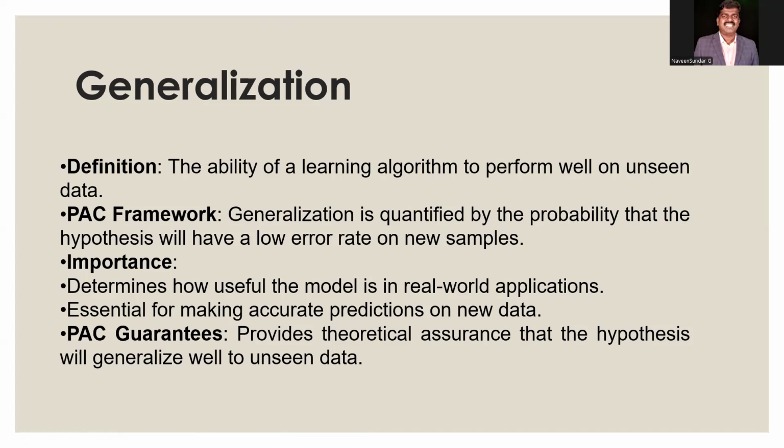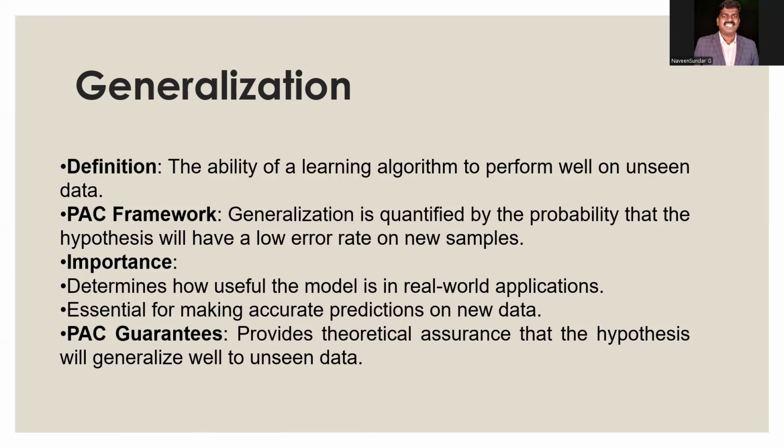The PAC framework is mainly quantified by the probability that the hypothesis will have a low error rate, especially on new samples. That is the main thing: how we are going to handle the new samples.